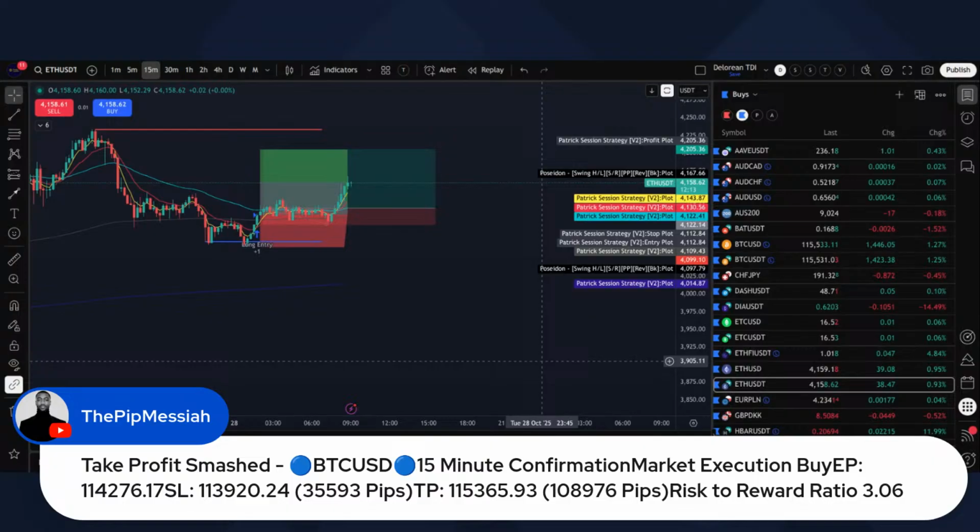All right, it's now 9 a.m. in the morning. No new signal calls have come out. We do have slightly positive movement on Ethereum, but nothing in terms of a breakout.